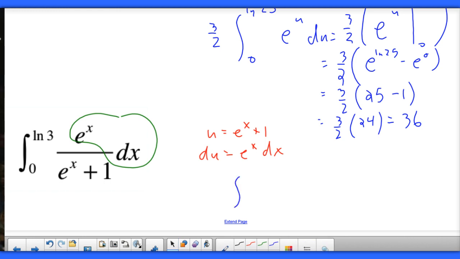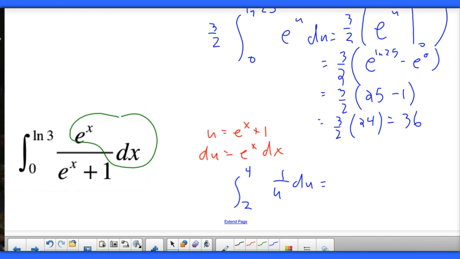ln 3, when I put that in for u, that would be e to the ln 3, which would be 3, plus 1. This would be 4. And then when I put 0 in, doesn't that wind up being e to the 0 plus 1, which is actually 2? And then this will be 1 over u du.